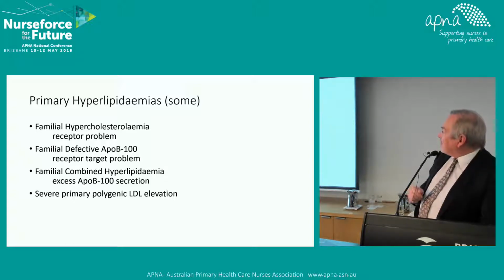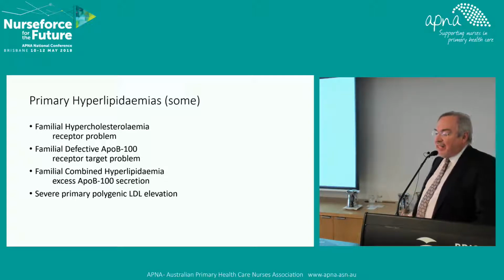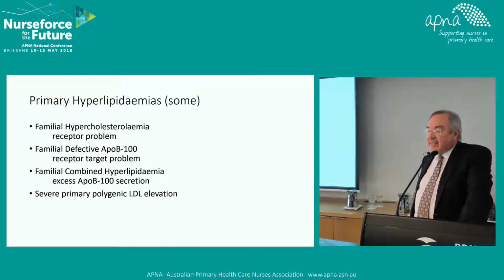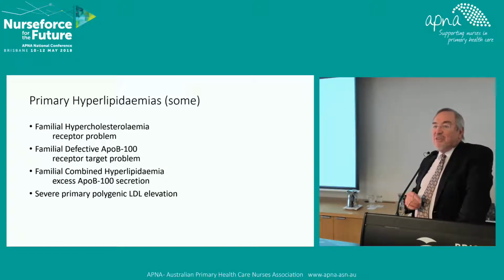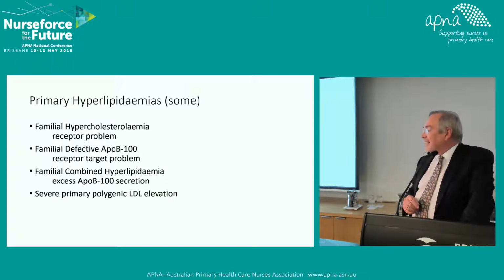So, for example, in these ones, familial hypercholesterolemia is a receptor problem, and I'll go into more detail in a minute. Another one is called defective ApoB100, and that's a target problem. I didn't go into the full lipid metabolism because that can be a whole week-long conference if you want to go into that detail.